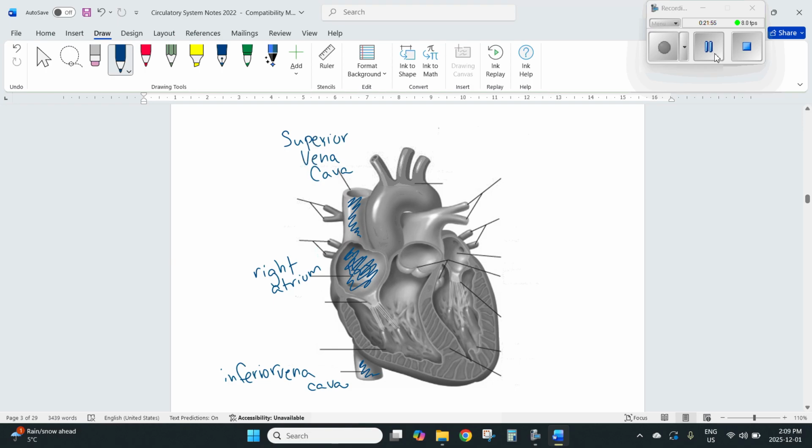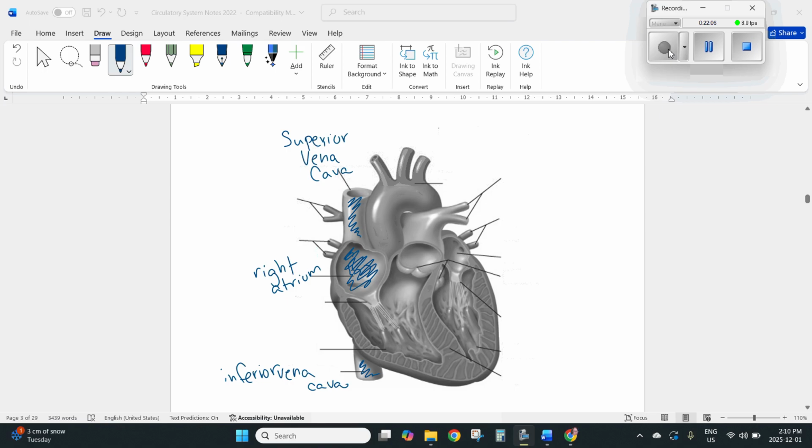We want blood to flow one way. The reason we have valves throughout the body is to prevent the blood from going backwards. Each one of the valves in the heart has a specific name. The valve that is located here is called the tricuspid valve.